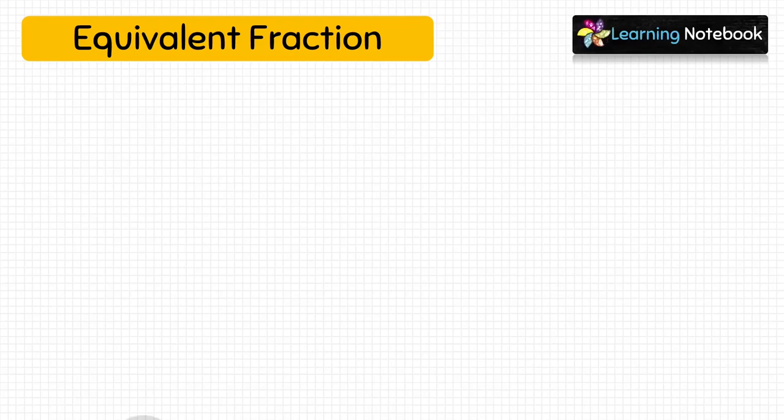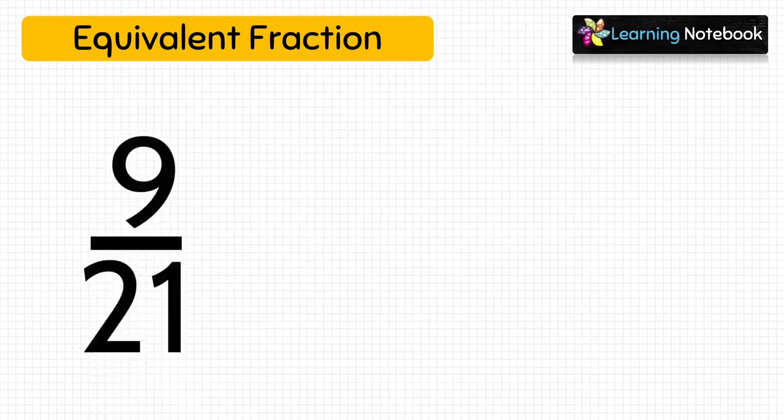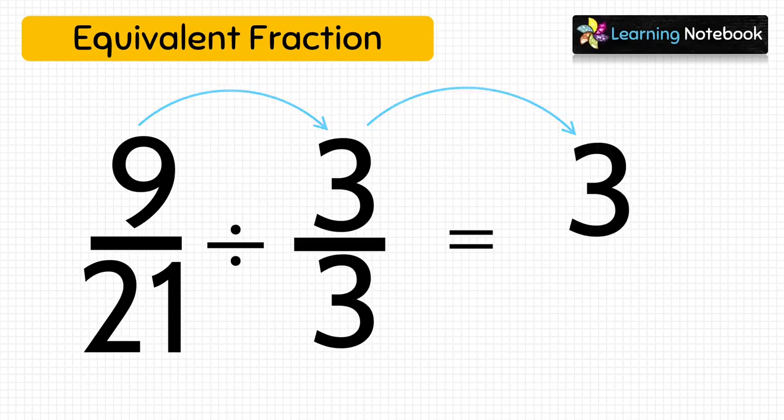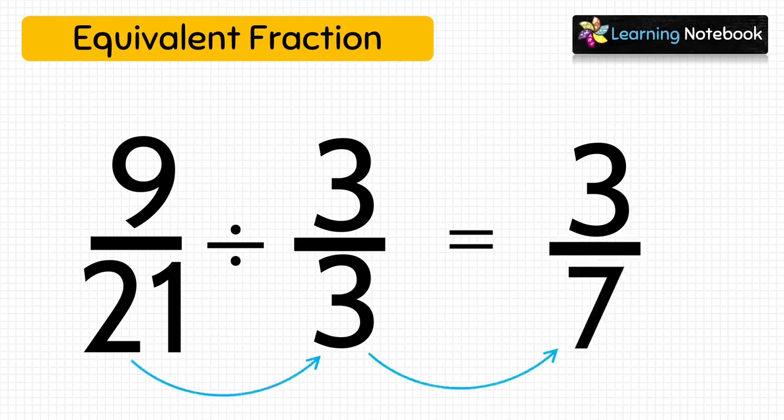Now let's see the next example. We will find an equivalent fraction of 9 by 21, but this time by dividing. So let's divide both numerator and denominator by the same number, let's say 3. So 9 divided by 3 equals 3 and 21 divided by 3 equals 7.